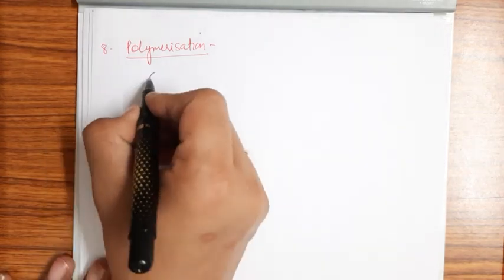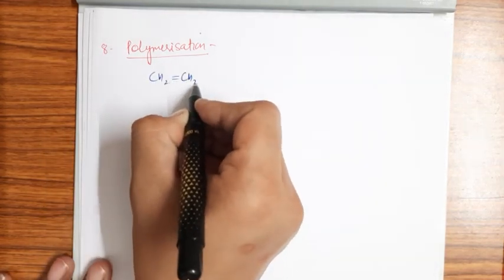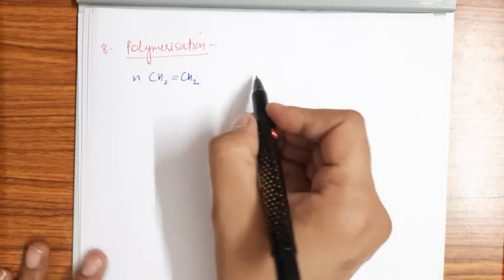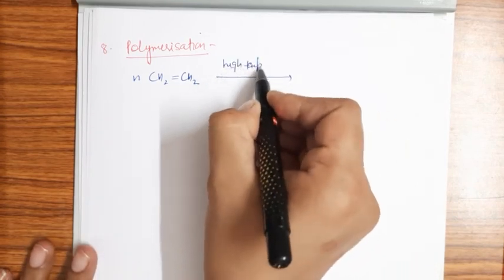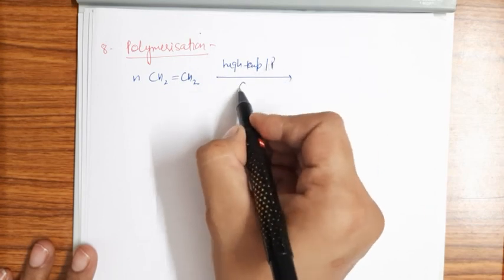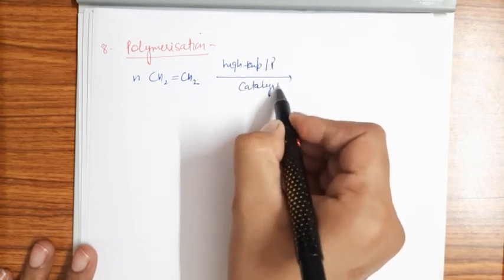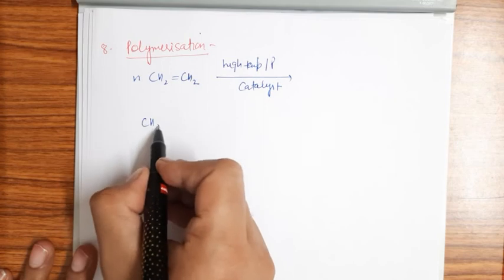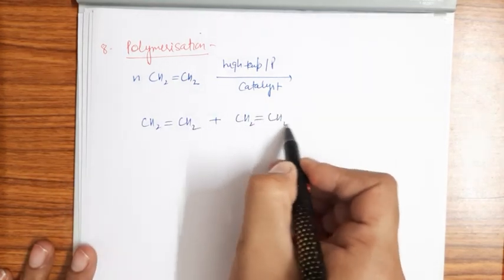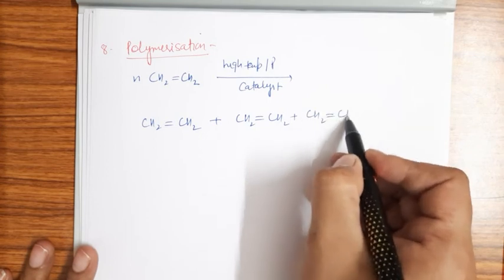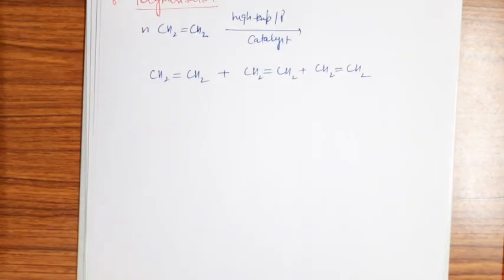So if I am taking CH2=CH2, n molecules of it, at high temperature and pressure, using a catalyst. So n molecules means CH2=CH2 plus CH2=CH2 and so on.